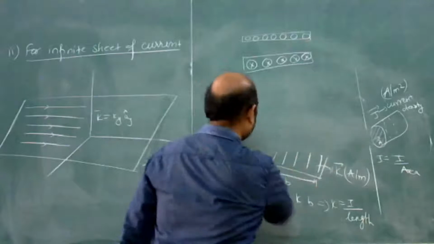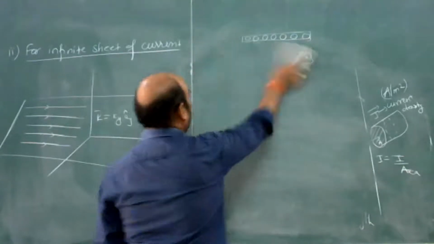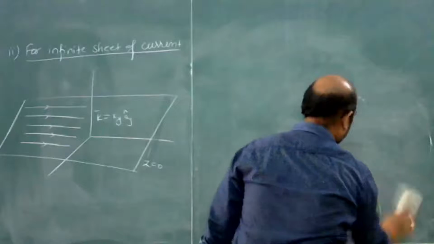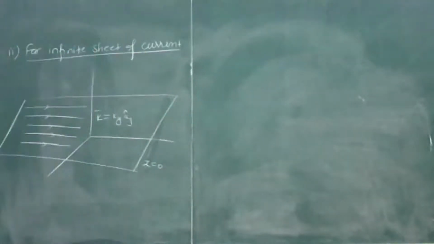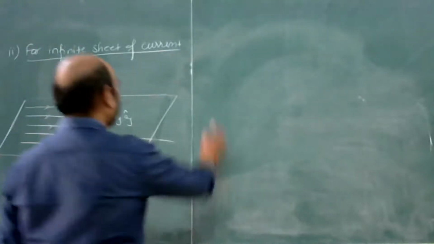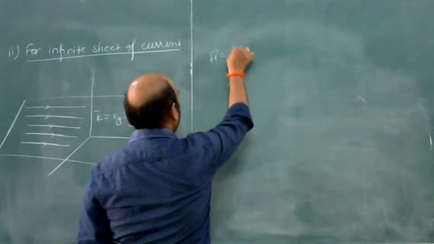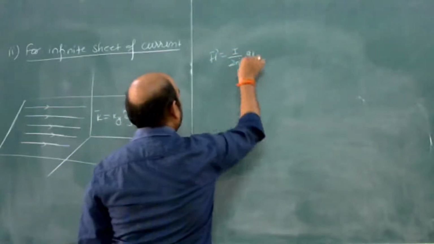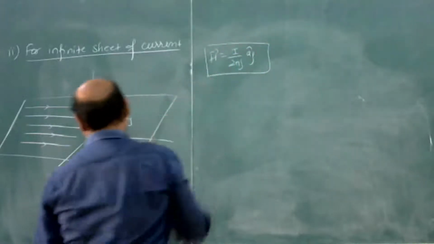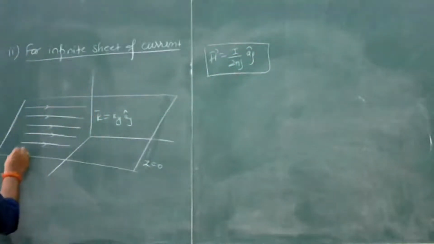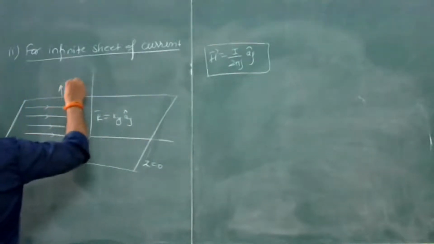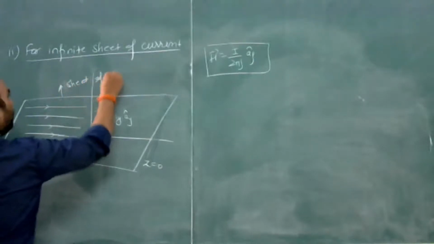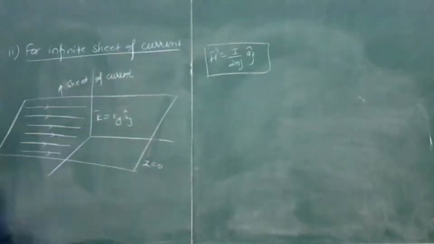Now we are discussing how to find the value of H for a sheet of current. We have calculated the value of H for an infinite filament conductor, which is I upon 2 pi rho. Now we need to find the value of H for this sheet of current using Ampere's circuital law. This is our objective.